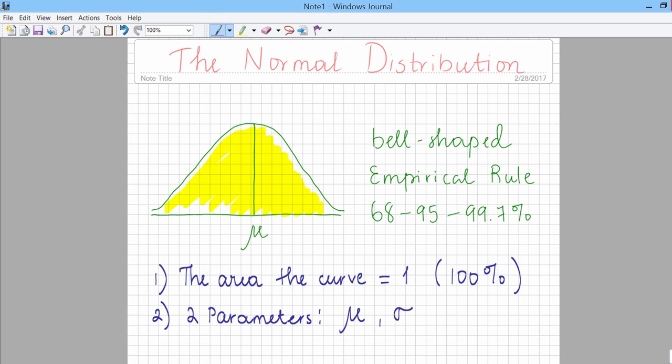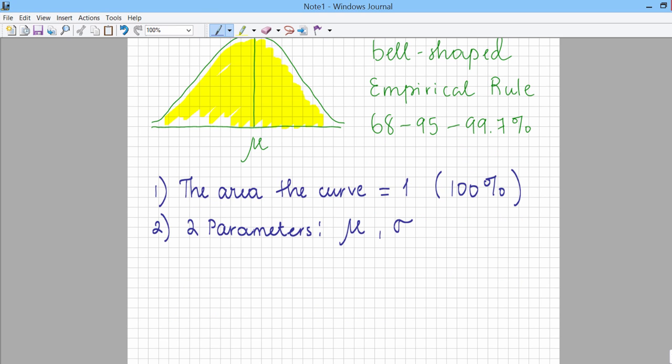But we're going to start with a very particular case, what we're going to call a standard normal. So standard normal distribution. The notation will write it as this: N(0,1). This means that the mean is equal to 0 and standard deviation is equal to 1.